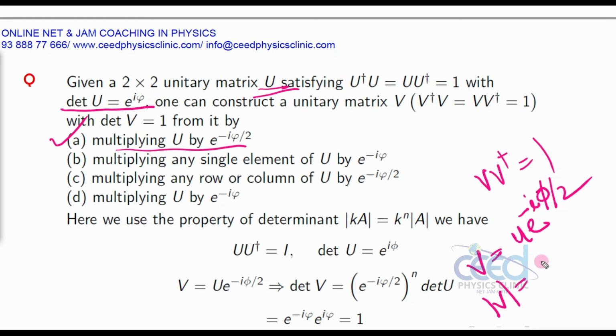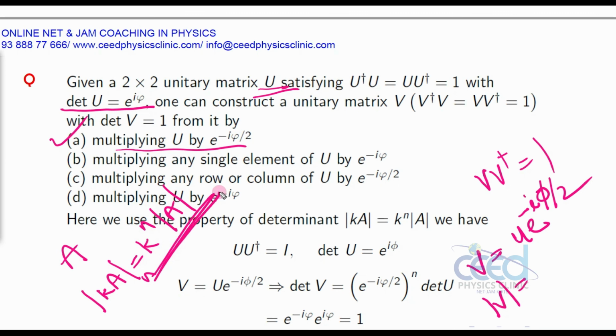There is a property we have: what is the determinant of K A, if you have a matrix A? If the order of the matrix is n, the answer is K raised to n times determinant A.